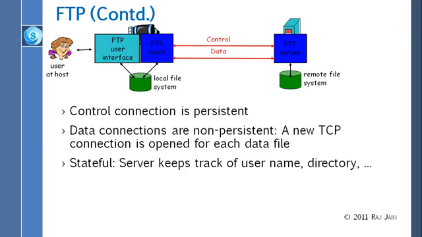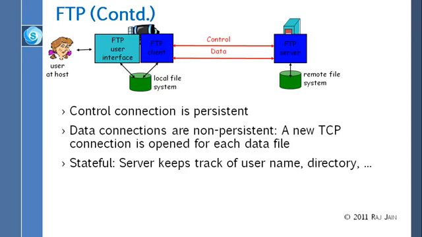So here, once you connect to an FTP server, it asks you for username, password, and the connection is set up until you say quit, bye, or something like that. The connection is there. What connection is there? Control connection is there. Right? Data connection, you say get this file, it will give you the file. It sets up a connection, gets the file, closes the connection.